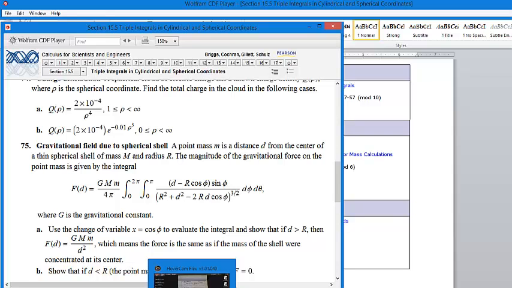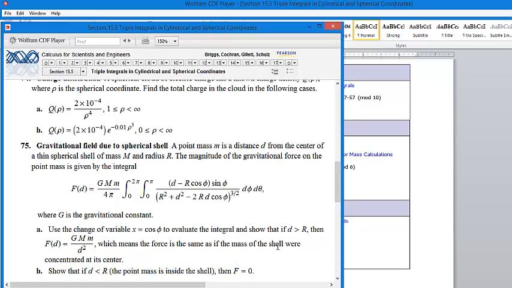Why did they do that? Because you're probably going to use little r in the problem somewhere. Sine of phi over big R squared plus d squared minus 2 times big R d cosine phi. Doesn't it seem like all these things are almost to the 3/2 power in the denominator? Okay. So there it is.